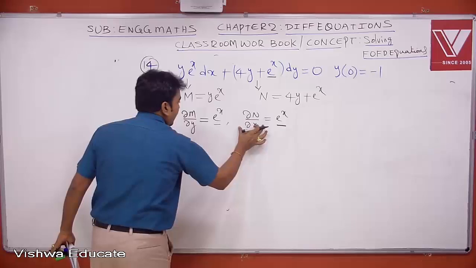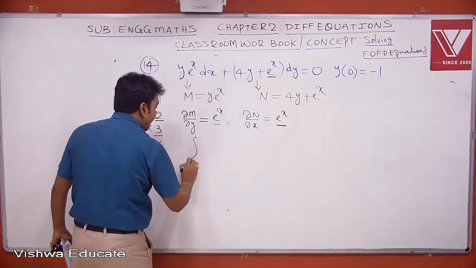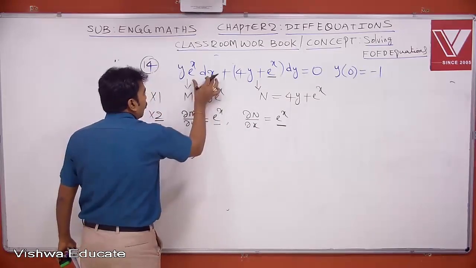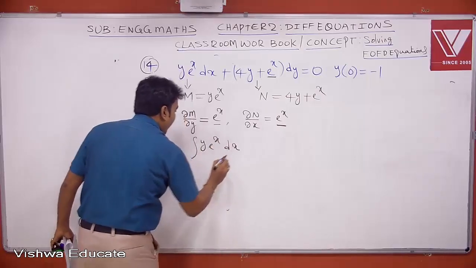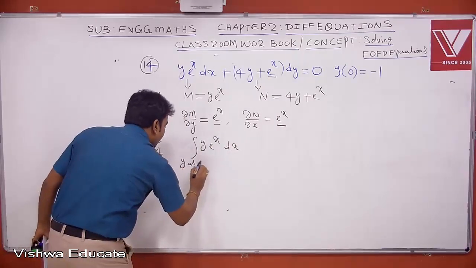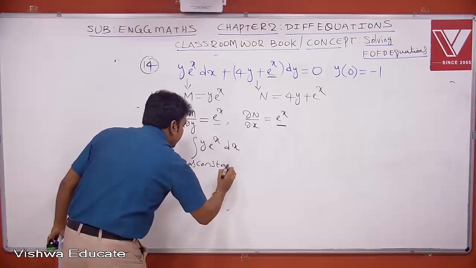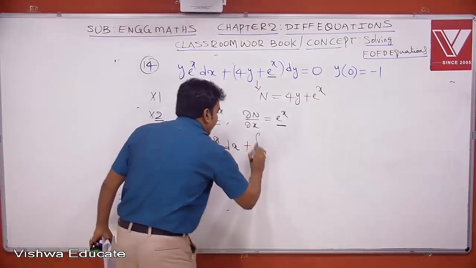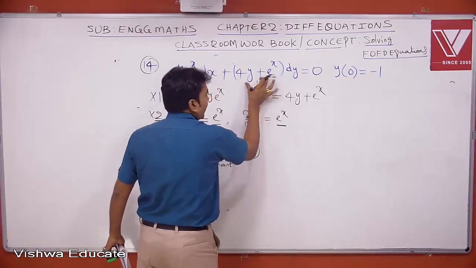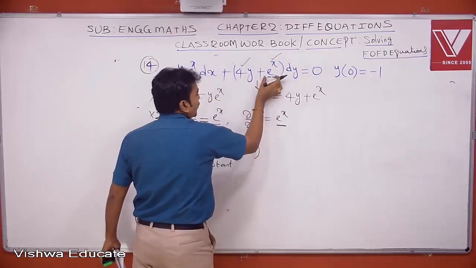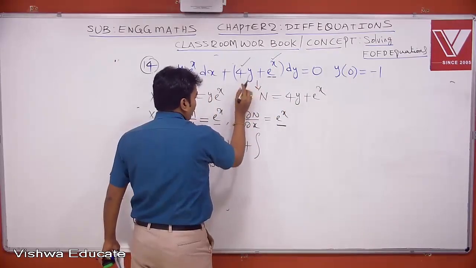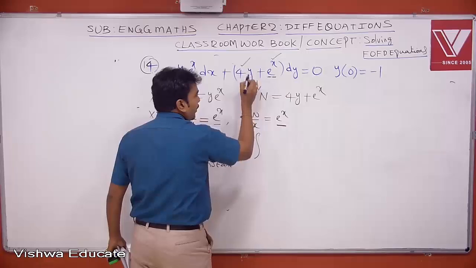So its general solution is given by integral M dx. What is M? y e power x. So integral M dx with y as constant plus integral N dy free of x. Now in N we have two terms. One is 4y, another is e power x. Now this is the term of N which is free of x.